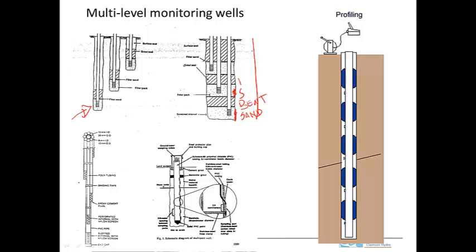So that's sand and more bentonite and sand and bentonite. This would all be in a single hole, and there would be three casings that go down to different depths. So that's a different version of a multi-level well.